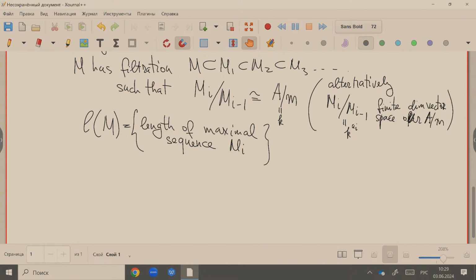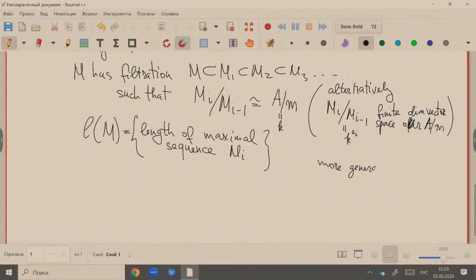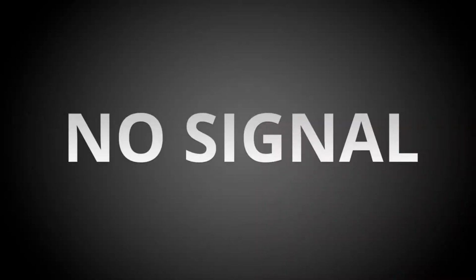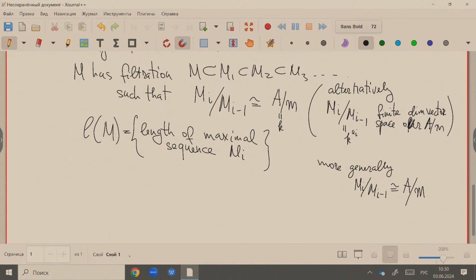You should have a module which has a filtration by modules of the form, more generally, Mi modulo Mi minus 1 is isomorphic to A modulo M sigma i, where sigma i is just a number.